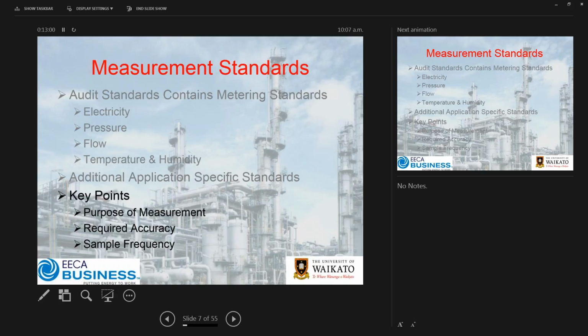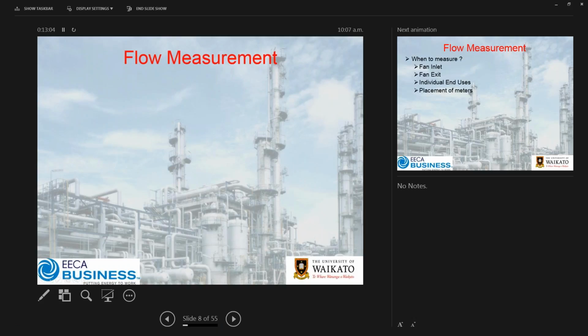So we need to be careful that we don't measure too much and get swamped with data, but equally we need to make sure we are capturing the whole system. And so one of the things to be careful of is you may also need to take additional measurements of other associated process variables in terms of the performance and function of the process that the system is driving or is attached to.